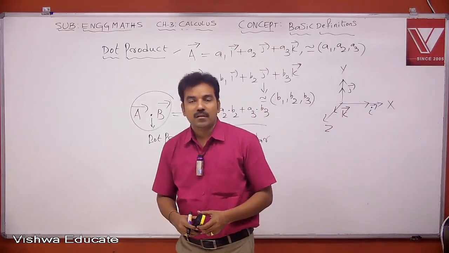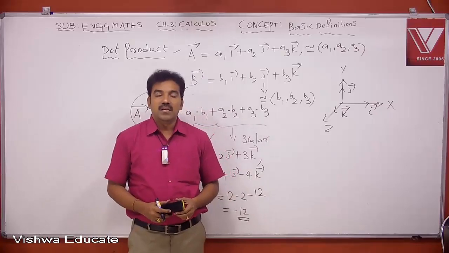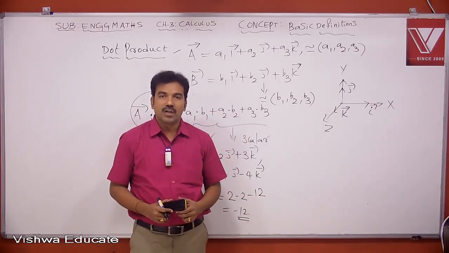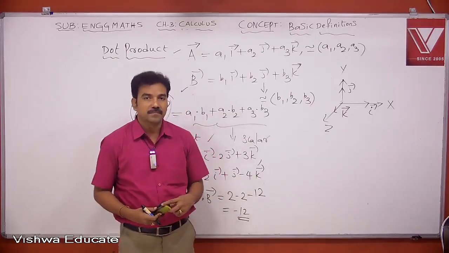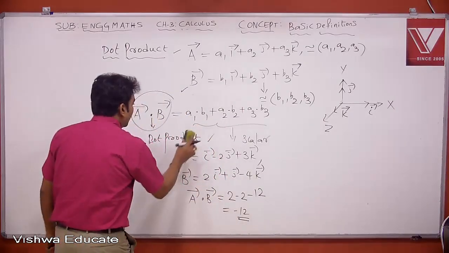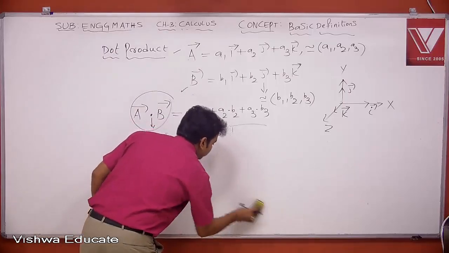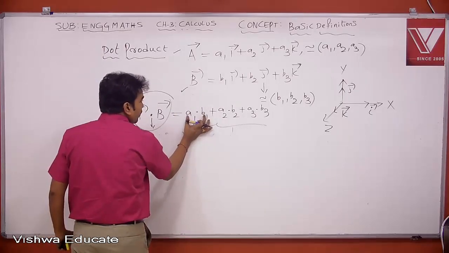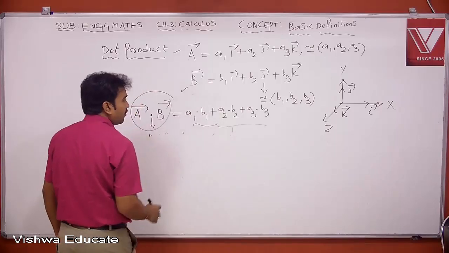Note: the dot product of two vectors is a scalar. Now, when you look at this A bar dot B bar, these are normal numbers or they can be functions of x or functions of y or functions of z.